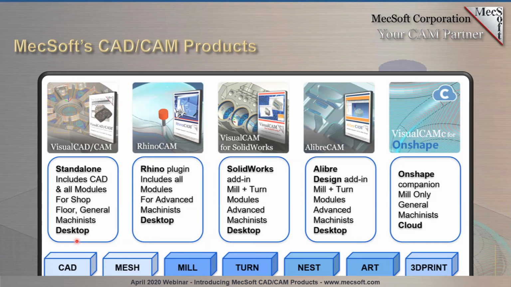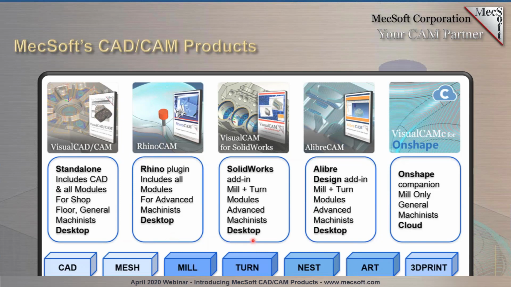It includes the mill, turn, nest, and art module, and mesh and 3D print can be added on. CAD goes with it as well. Now, the Rhinocam product is nothing but Visual CAM with a plugin to run fully integrated in the Rhinoceros design CAD system. It includes all the modules, just as with Visual CAD CAM, and it is used for advanced machinists, a desktop product.